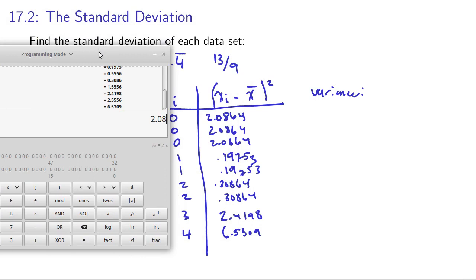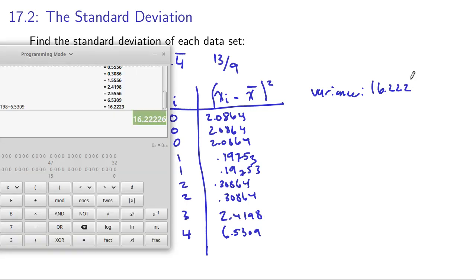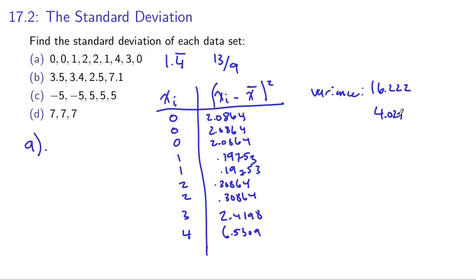So we have 2.0864, 3 of those, plus 0.19753, 2 of those, plus 0.30864, 2 of those, plus 2.4198, plus 6.5309 is 16.222. And if we then take the square root of that, that will give us the standard deviation, 4.0276 is our standard deviation.